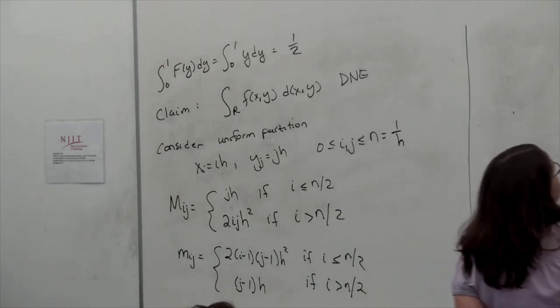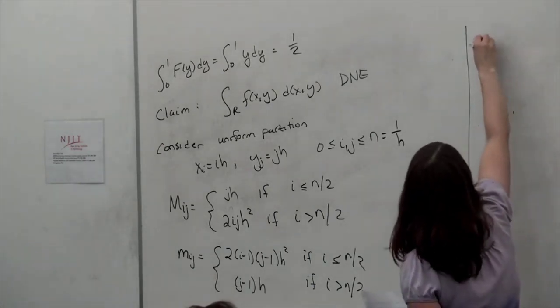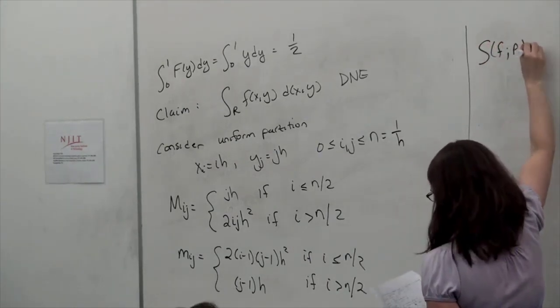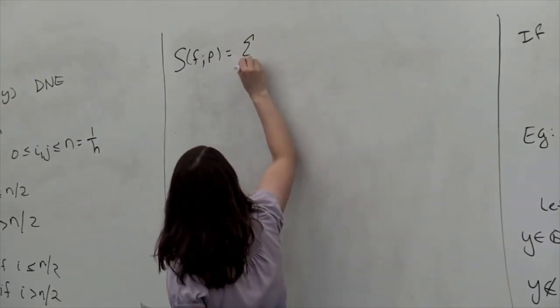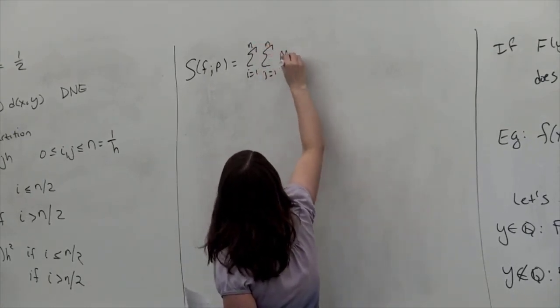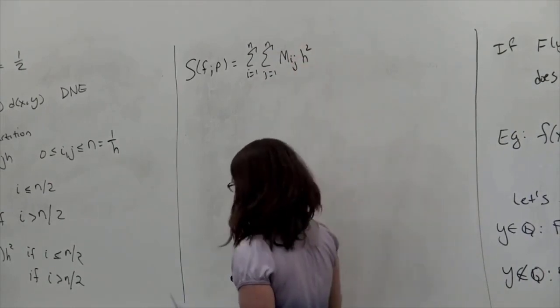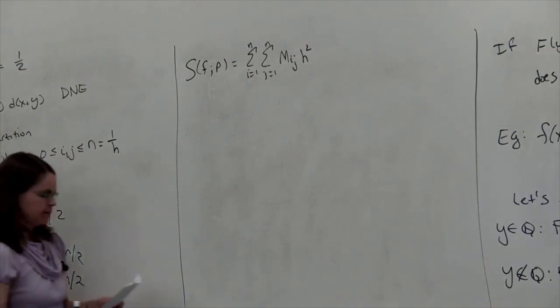So the upper sum is the sum of all these big M's times the volume of our little rectangles, which is h squared. And we've got to break this into two pieces, the i smaller piece and the i bigger piece.